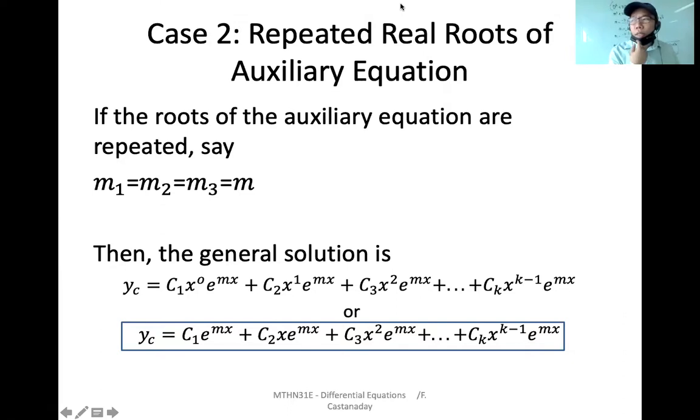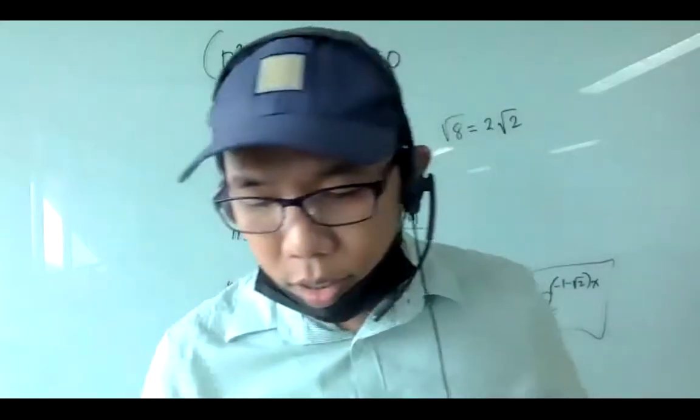Kapag sa integration yan, di ba, kunyari, d cube y is equal to 0. Ganun kasi yung idea eh. So, wait lang. Stop share ko muna.